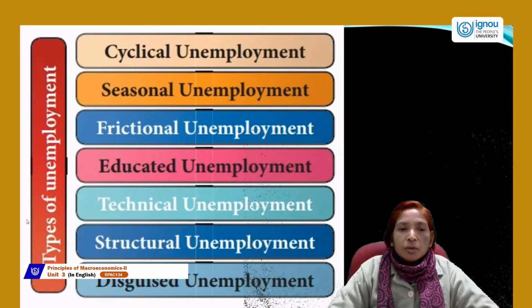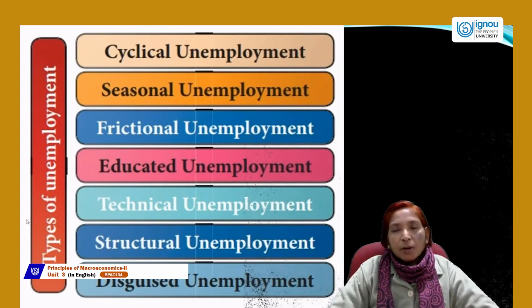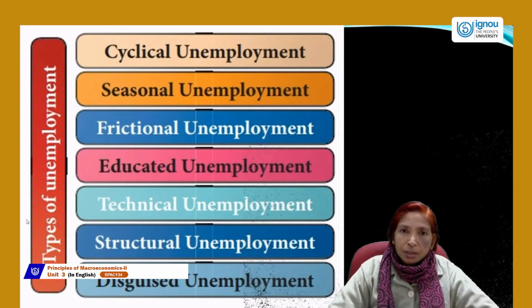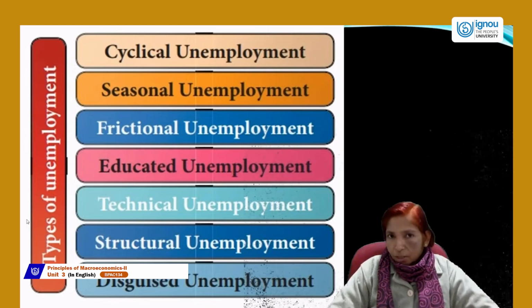Next is educated unemployment. Educated unemployment is mainly found in those persons who are highly educated but are not getting job opportunities according to their qualification or according to their knowledge.